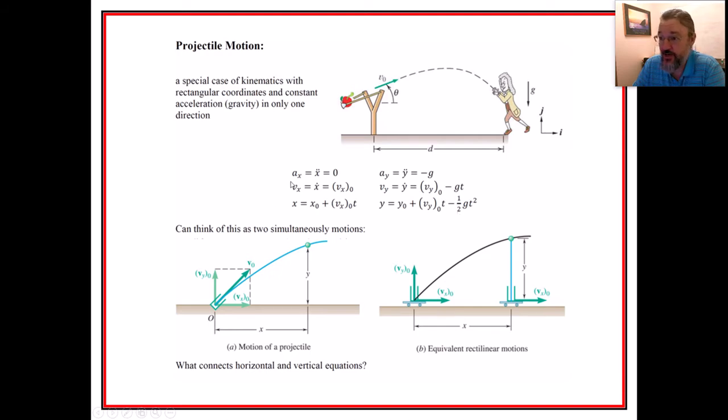And in the x direction is actually a constant velocity relationship, so the initial velocity is the final velocity in the x direction. We're assuming there's no wind resistance or aerodynamic drag, which, for velocities that aren't real high, is a fairly okay approximation.